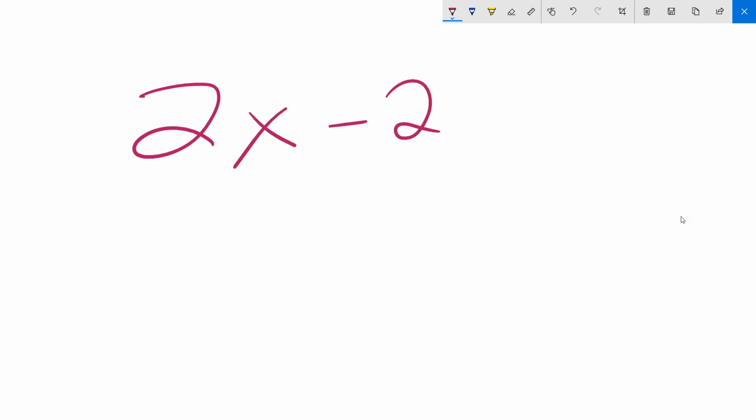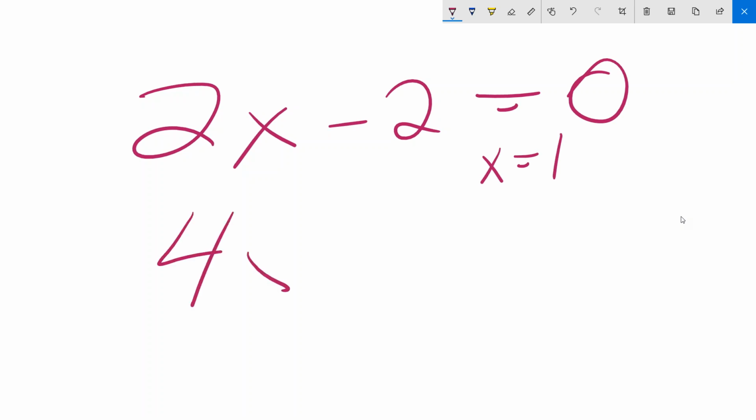For instance, here's one equation. The solution is x equal 1. Another equation, I'm just going to multiply everything by 2.